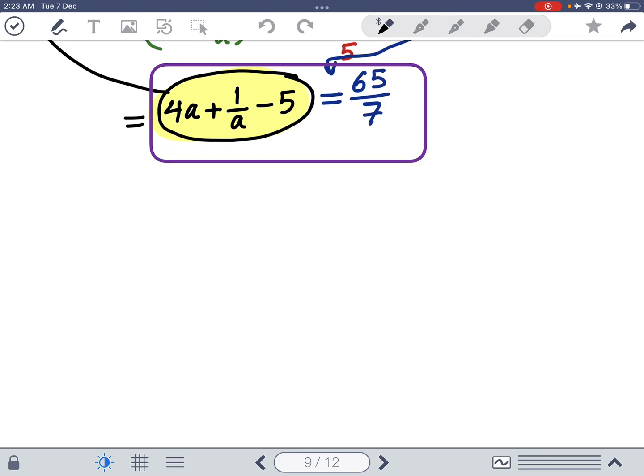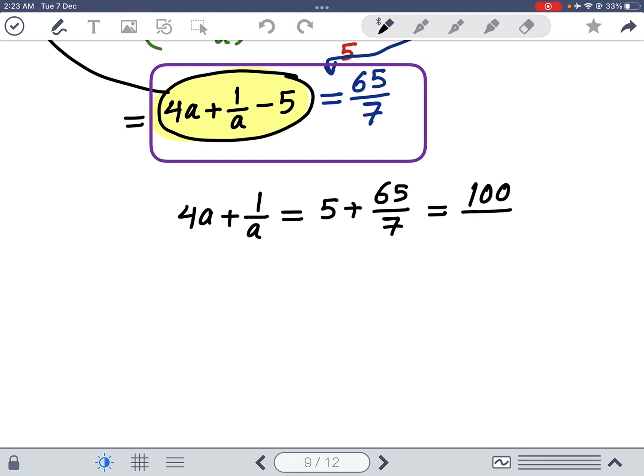First, bring the 5 to the other side. 4a plus 1 over a equals 5 plus 65 over 7. So this is 35 plus 65, which is 100 over 7. So this is 4a plus 1 over a.